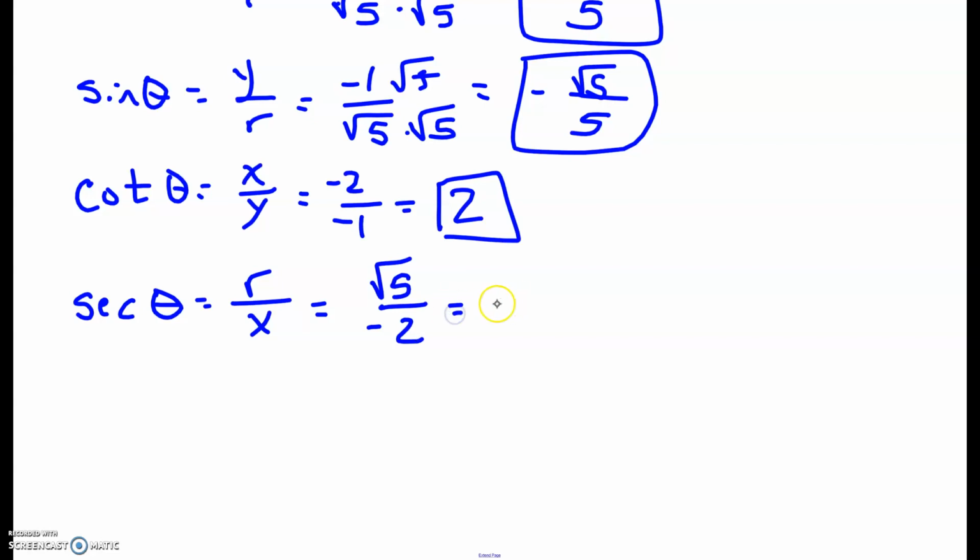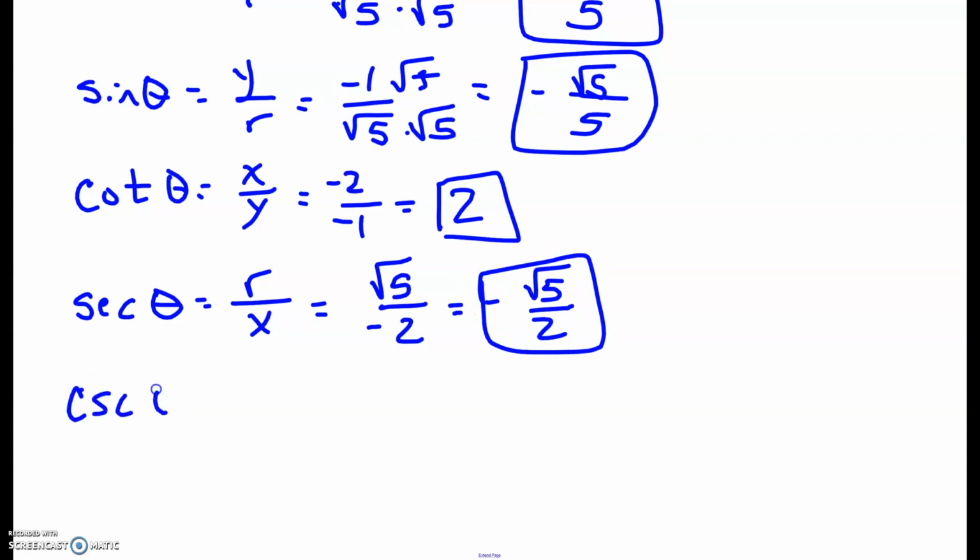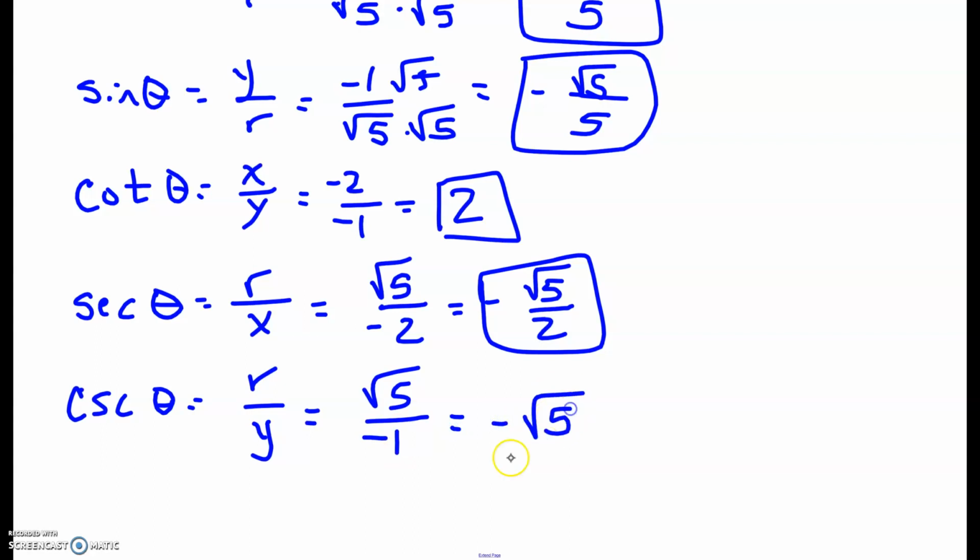And we can just write that with the negative out front. And cosecant is r over y, which would be the square root of 5 over negative 1, which would be the same as negative square root of 5.